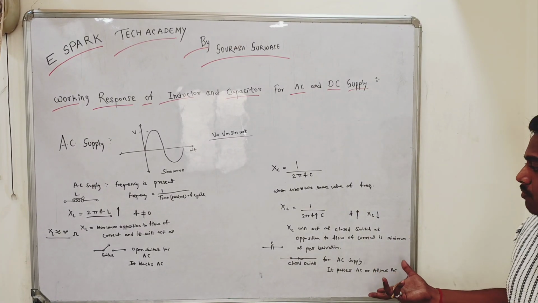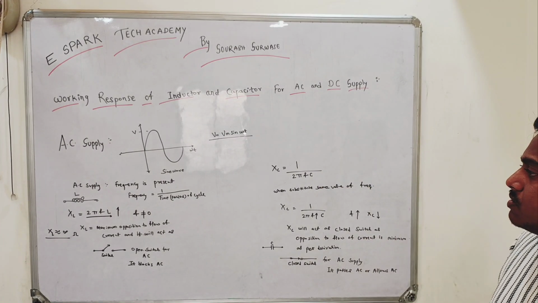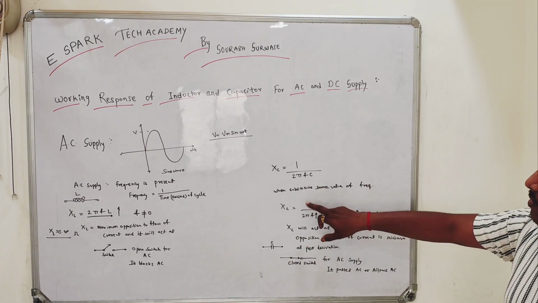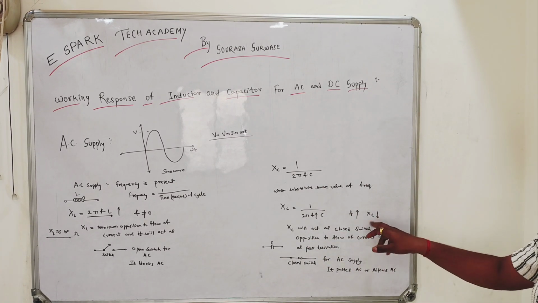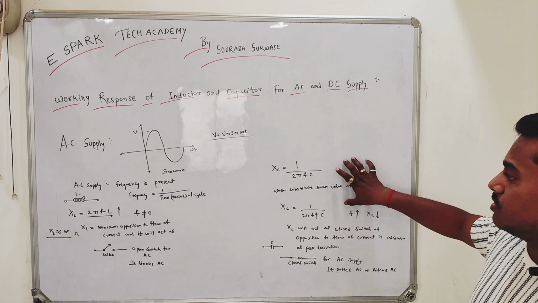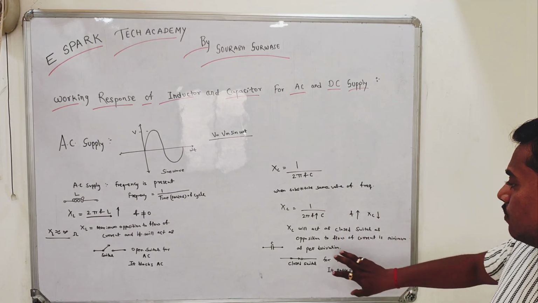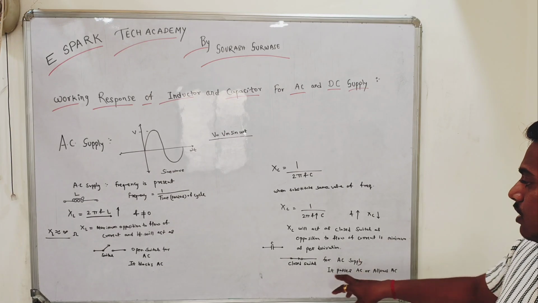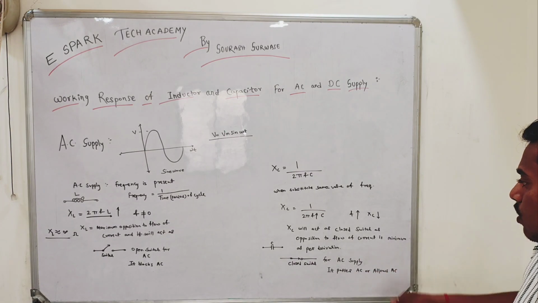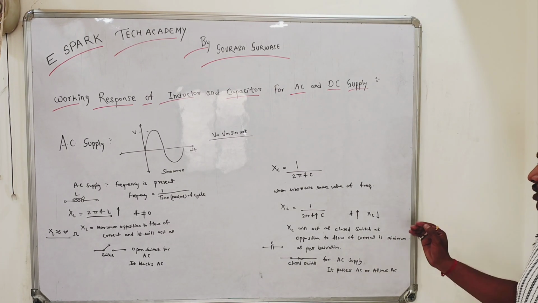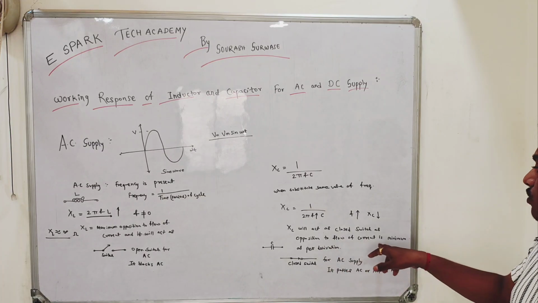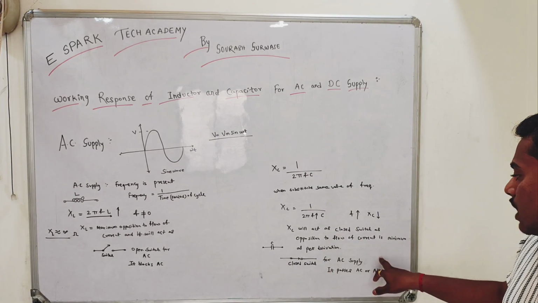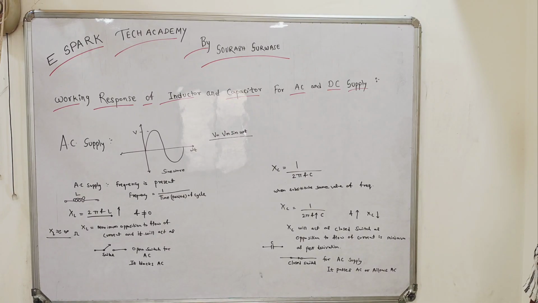And in the same way, as per the capacitive reactance formula, frequency and XC are inversely proportional to each other, so when frequency increases, XC decreases. Accordingly, it will act as closed switch because the opposition to flow of current is minimum as per derivation. That's why it allows AC to flow through it.